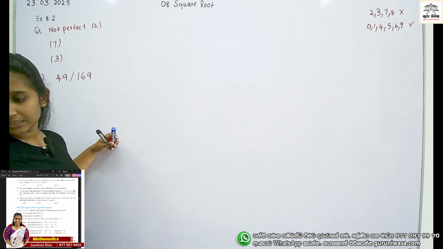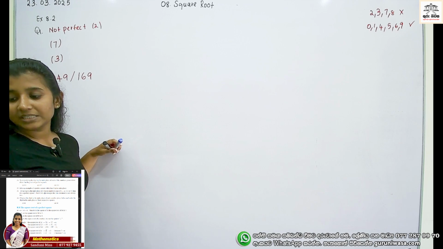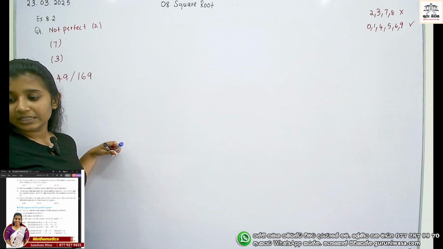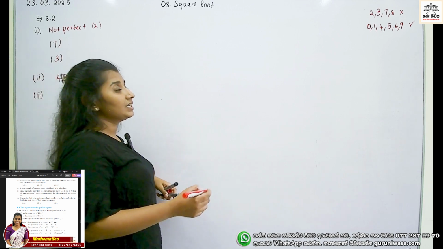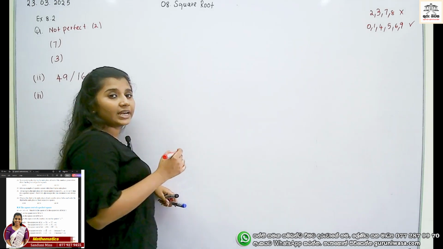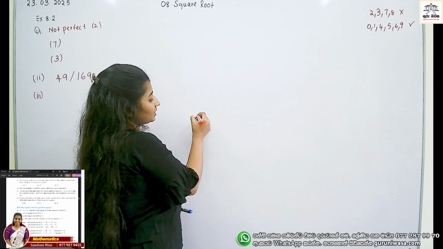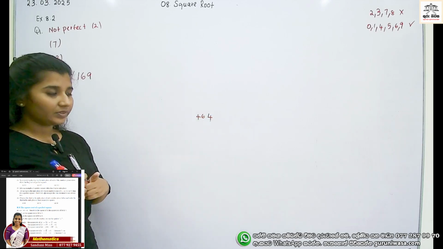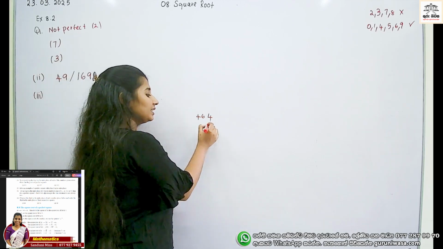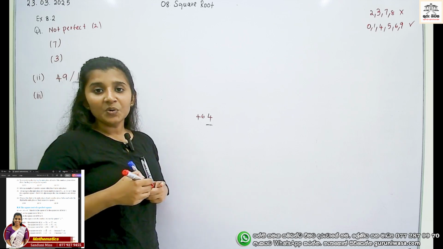Third part, if the digit in the unit place of a whole number is one of these, then it is a perfect square. Give an example that this statement is not always true. Yes, obviously, even though all the numbers which have these digits in the unit place, if we take 464, obviously you can watch the last digit and say this is a perfect square, right?